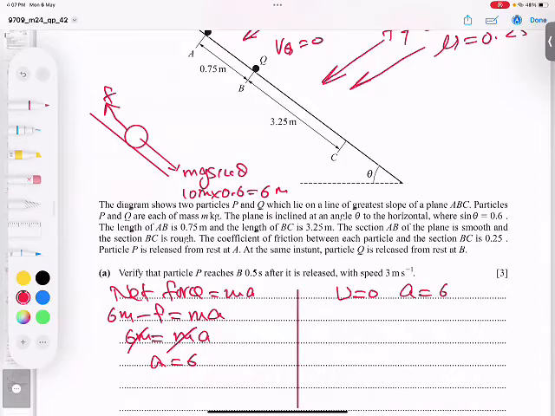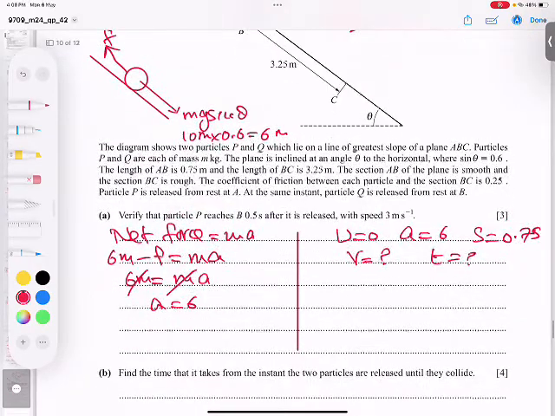And we have the distance, which is 0.75. I need to find out the time and speed, so we have to fulfill both targets. V equals u plus at, but V is a target, so we can't use this formula in the beginning.